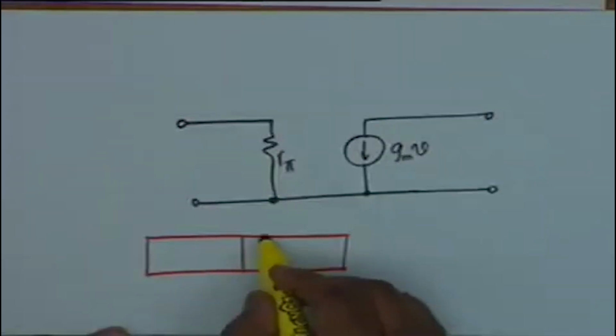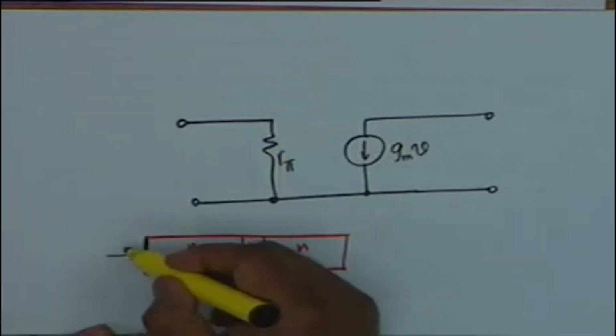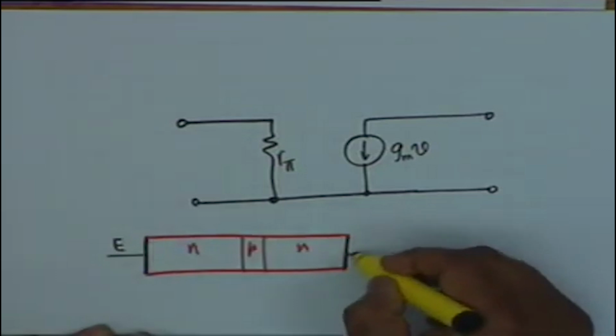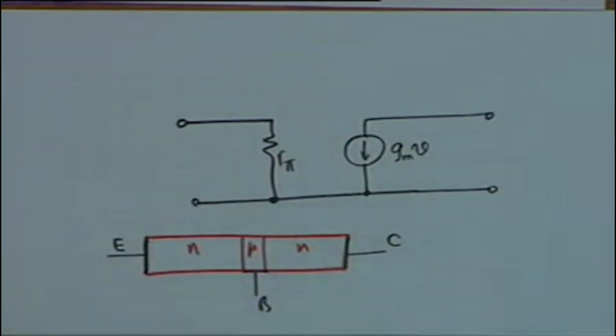One is, if you recall the structure, if it is an NPN transistor, there is a connection here which is the emitter, there is a connection here which is the collector, there is a connection here which is the base.